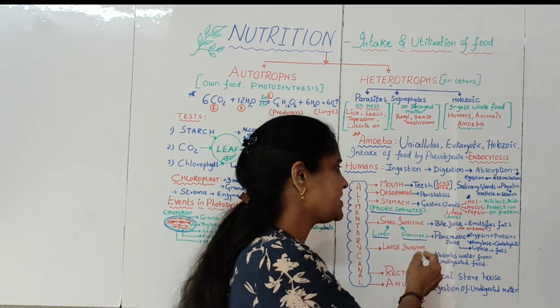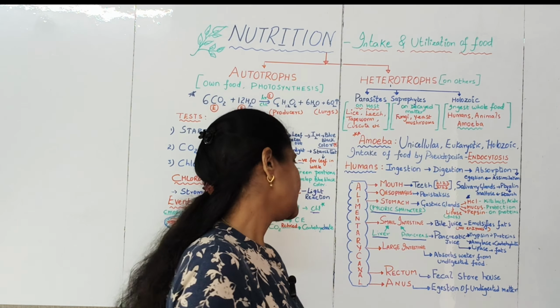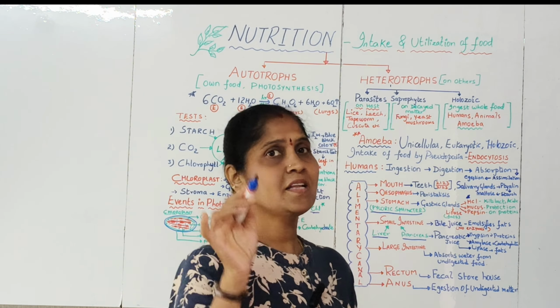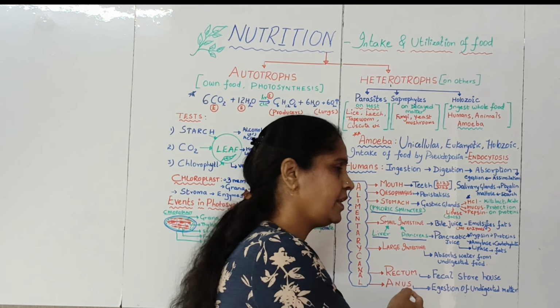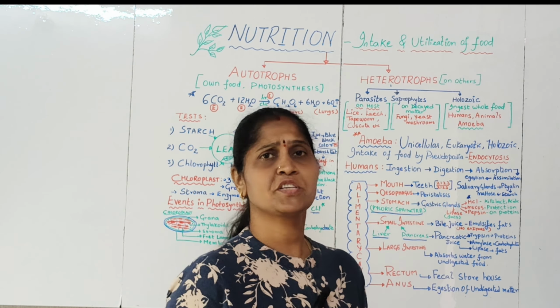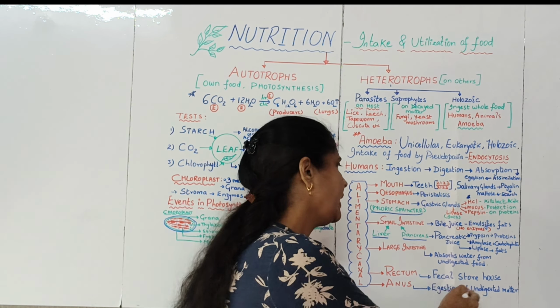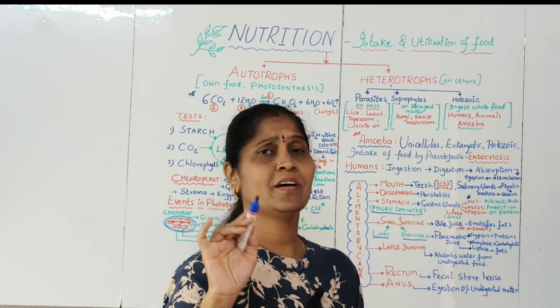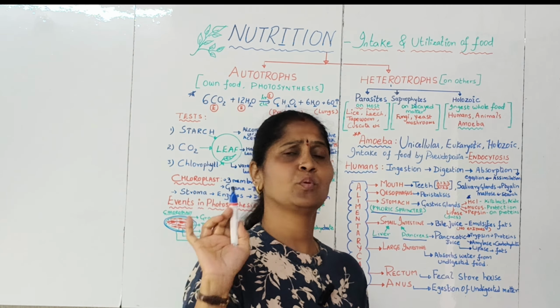Large intestine helps in absorption of water from the undigested food. That is the main function of the large intestine. Talking about rectum, it is the temporary storage for the fecal matter, from where finally it will be sent to the elimination center, that is the anus. So anus is controlled by the sphincters, and finally the egestion of the undigested fecal matter will take place through the anus.